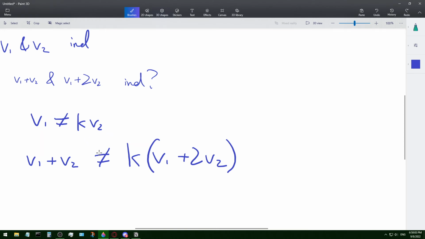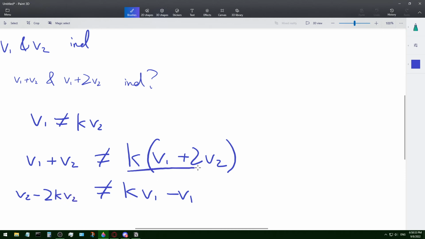So perhaps when we put them on the same side, we'll find that there's some external constant that we can factor out possibly. So let's move v1 to the right. So we have kv1 minus v1, and then that is supposedly not equal to v2 minus 2k v2.